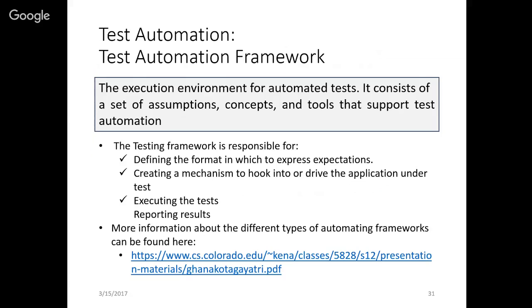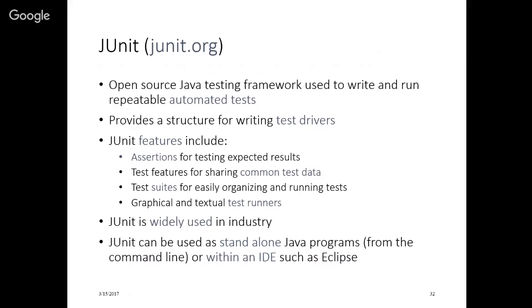There is also NUnit for C#, if you're a C# or Microsoft person. So there are lots of unit testing frameworks, and these facilitate the automation of test creation and test execution. It automates tests and generates what we call test drivers.